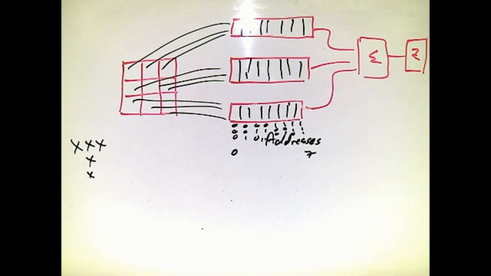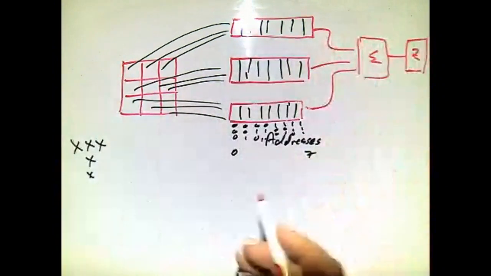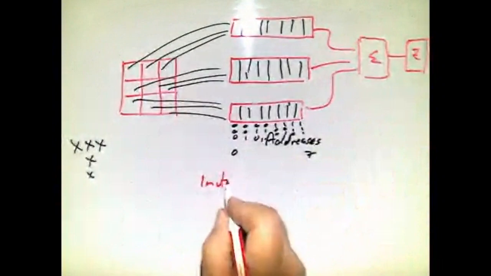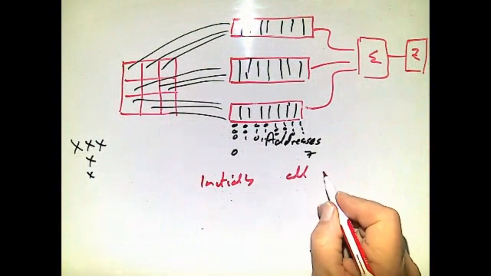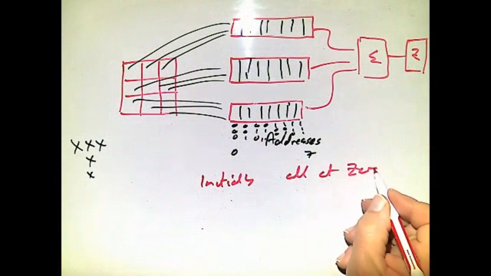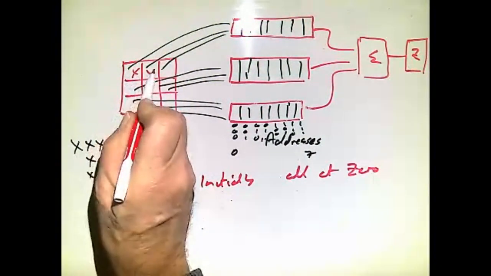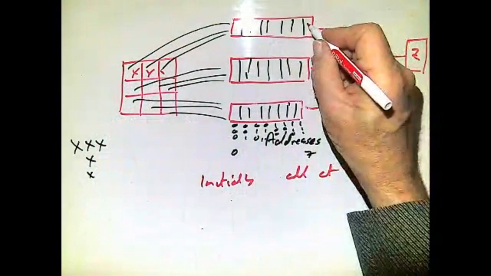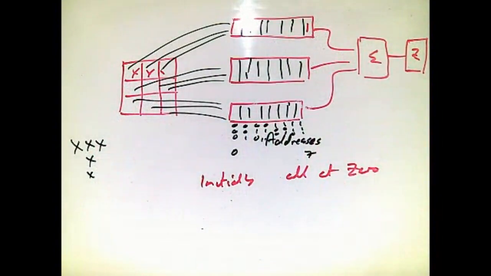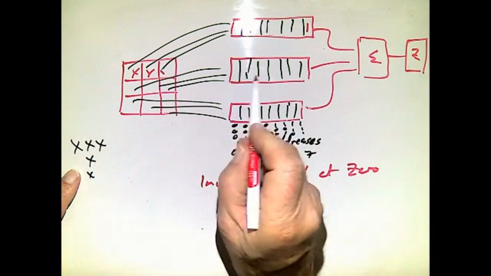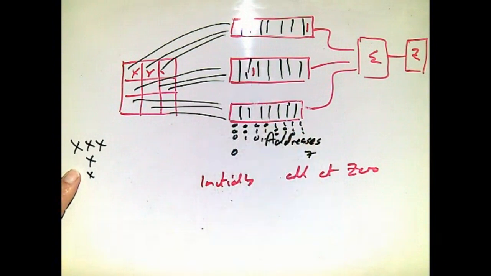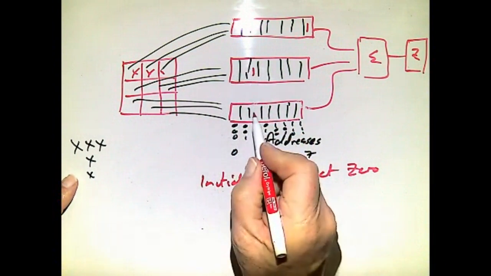Input pattern 7. Initially, they're all set to 0. Seven comes in here. We set a 1 there. For the middle pattern, it's going to be 2, and location 2 is set to 1. And the same is true for the third one.